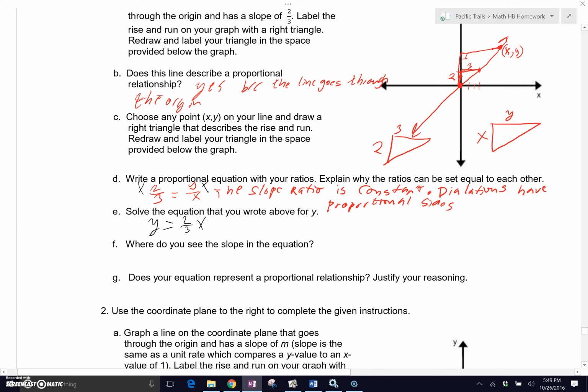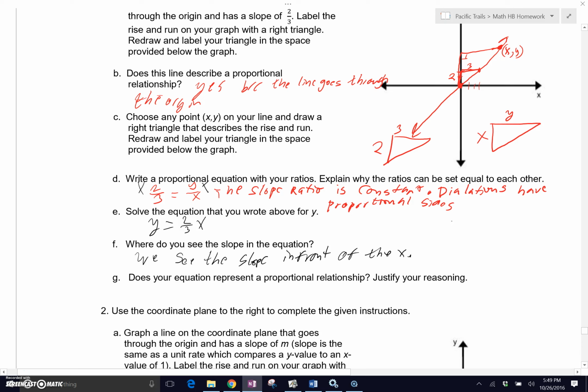Now remember, I went up 2 over 3, and we see it, it's the coefficient. It's the 2/3, it's the value in front of x. So we see the slope in front of the x.